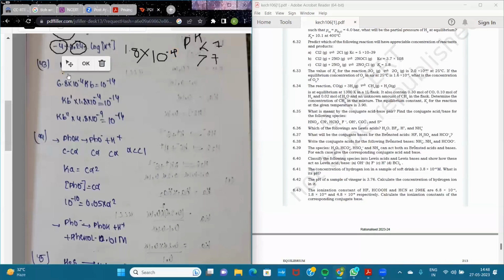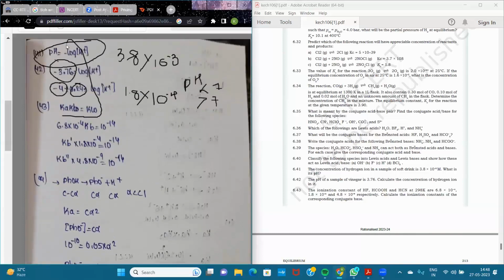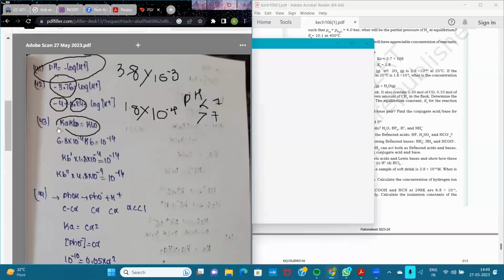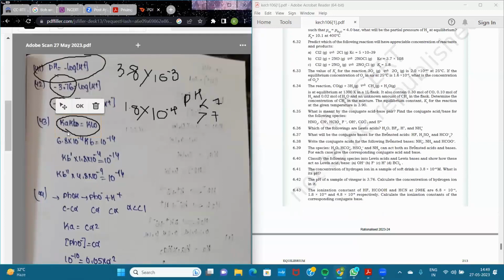We have a relation for a conjugate acid base pair: the product of the ionization constant of the acid and the ionization constant of its conjugate base is the ionic product of water. At normal room temperature, the ionic product of water is 10 power minus 14.